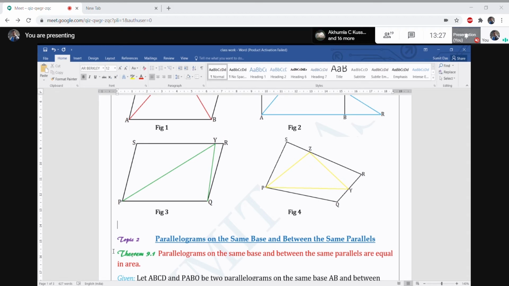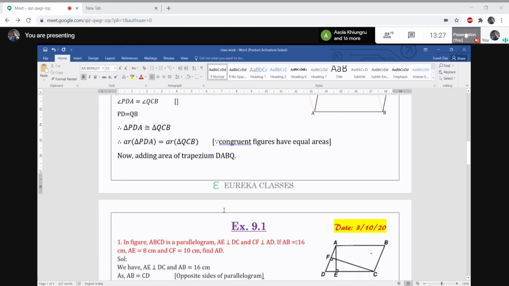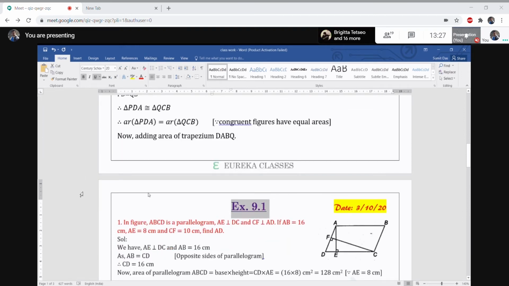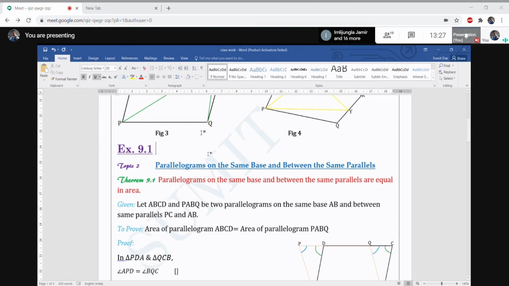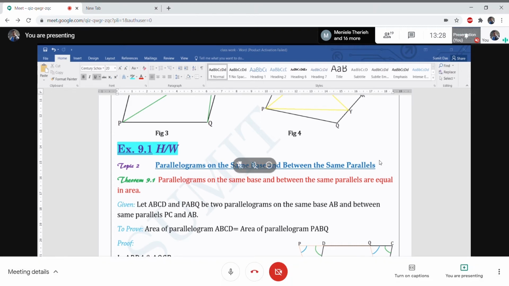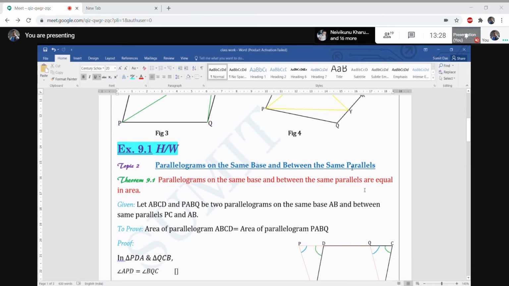You have to identify which base it is, and see whether they are between parallel lines and on the same base or not. If so, you have to write it. If not, you just ignore it. So that one is a very easy homework.